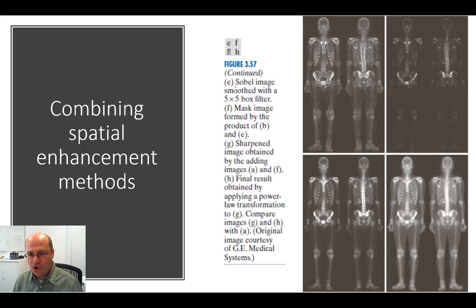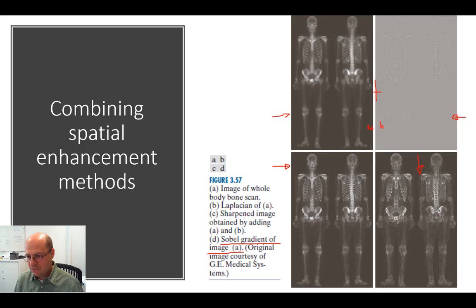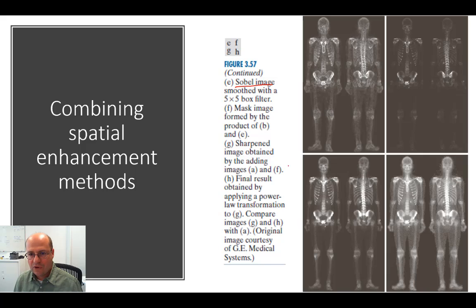Okay, we can get the Sobel image, this one, and smooth it with a 5x5 box filter, obtaining this image.